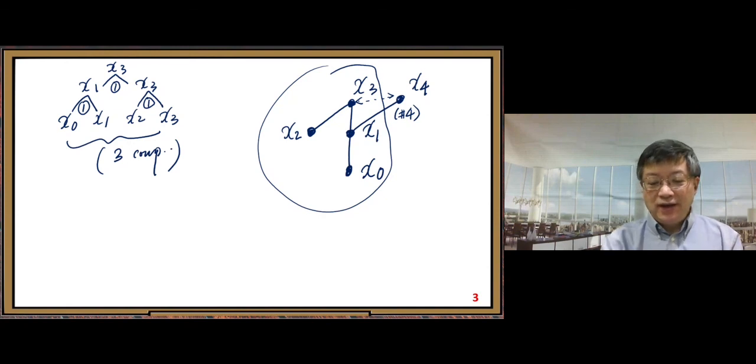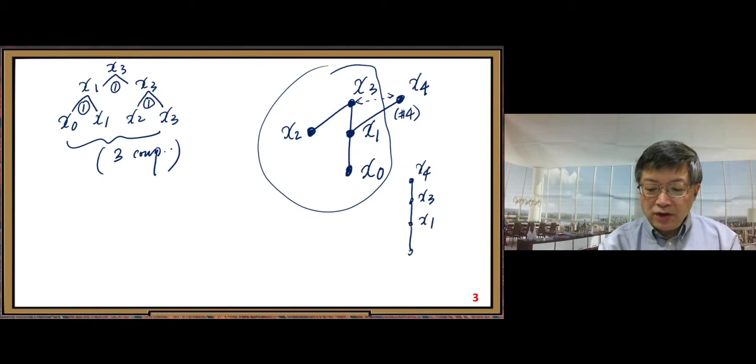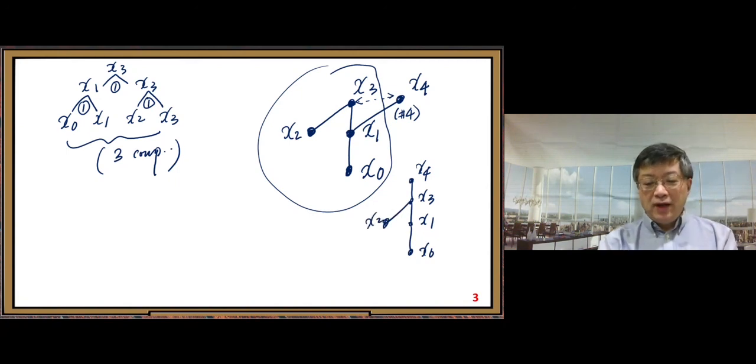Consider greater than: then we have x4, x3, x1, this longest branch, x0, then x2. So this is comparison number 5.